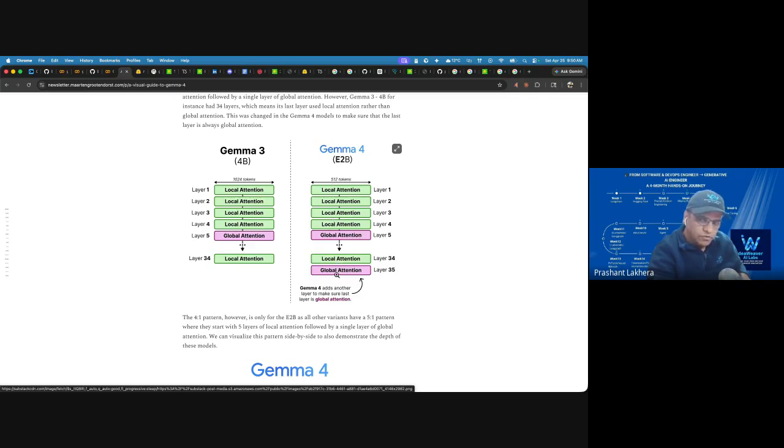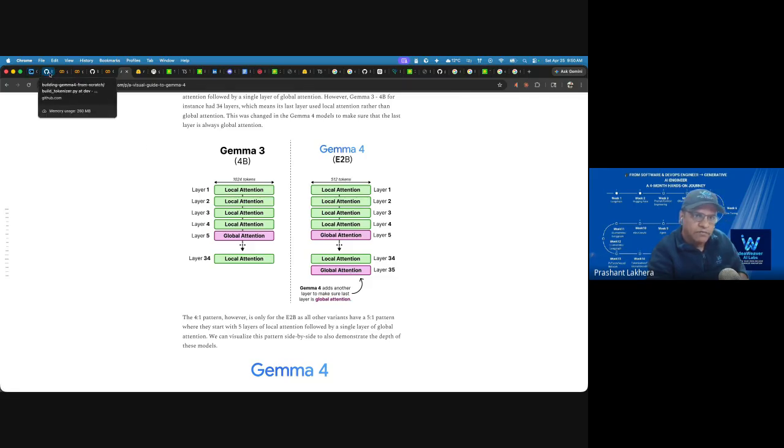Same thing over here also. If you have 35 layers, the first 4 layers will always be local attention, but the next layer will always be global attention. They believe it's more memory efficient, where some layers only look locally, whereas some layers look globally.